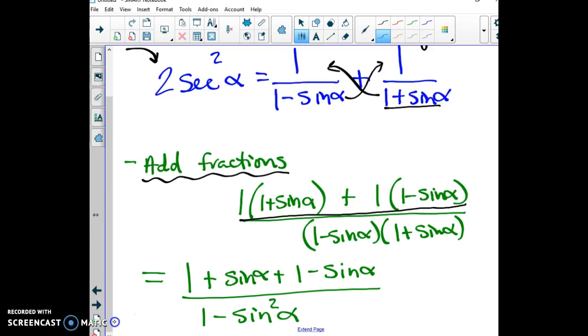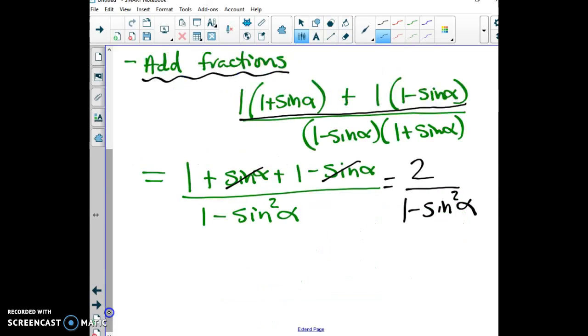We end up with 1 plus sine alpha, 1 minus sine alpha on the top. And we can see that our positive and negative sine alpha will cancel out, leaving 2 on the top over 1 minus sine squared.